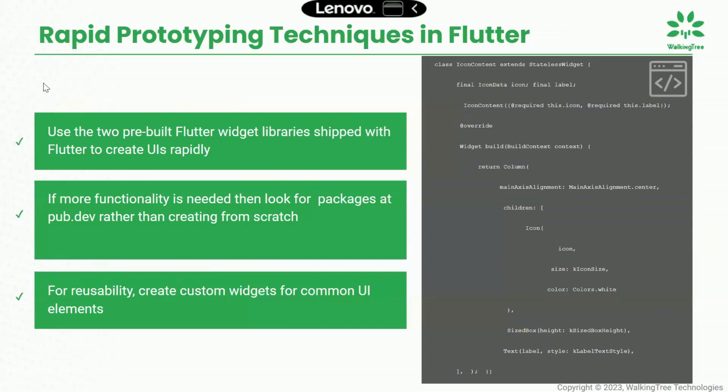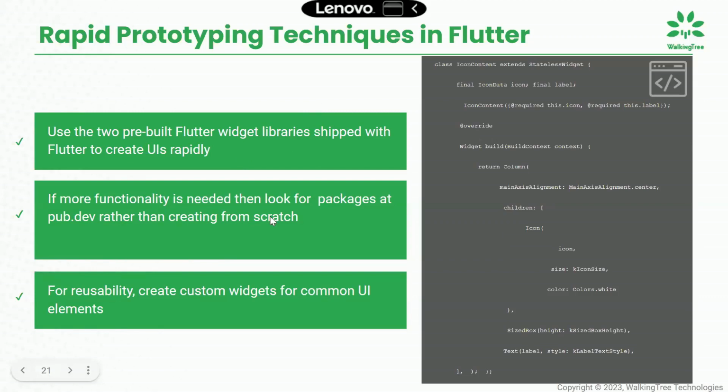Rapid prototyping techniques in Flutter. We can use the two pre-built Flutter widget libraries shipped with Flutter to create the UIs repeatedly. So we don't have to use CSS for designing our widgets. Widget libraries are there, and very easily we can use them, Cupertino or Material widget libraries, depending upon which device we are targeting.